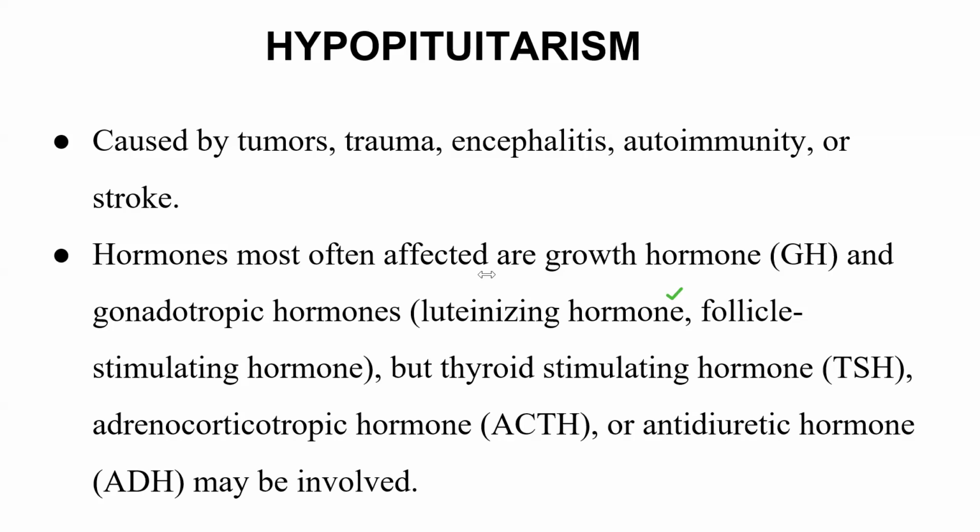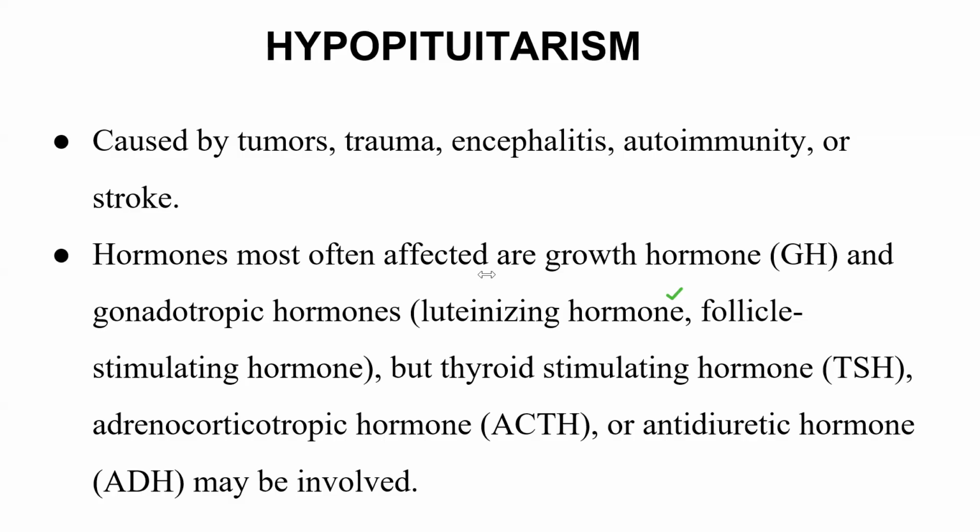Hormones most often affected are the growth hormone and the gonadotrophin hormones. Basically, we are saying that these hormones are produced in a low quantity, and this could be as a result of tumor, trauma, encephalitis, autoimmunity, or even stroke.